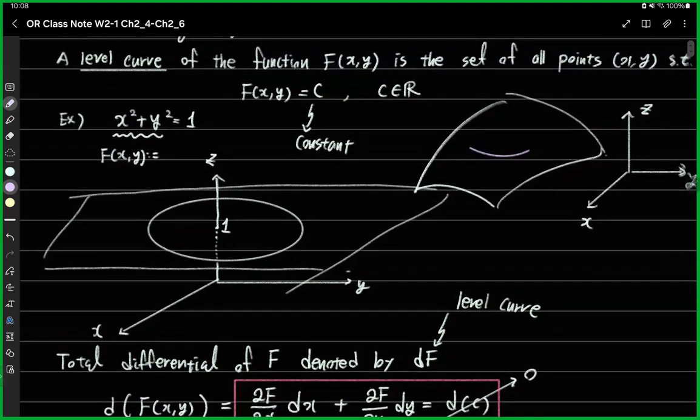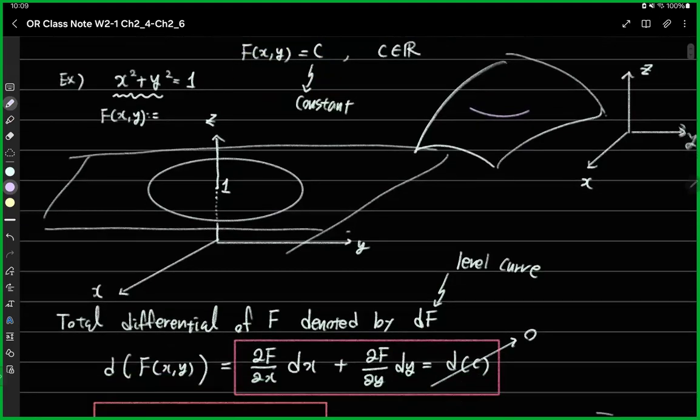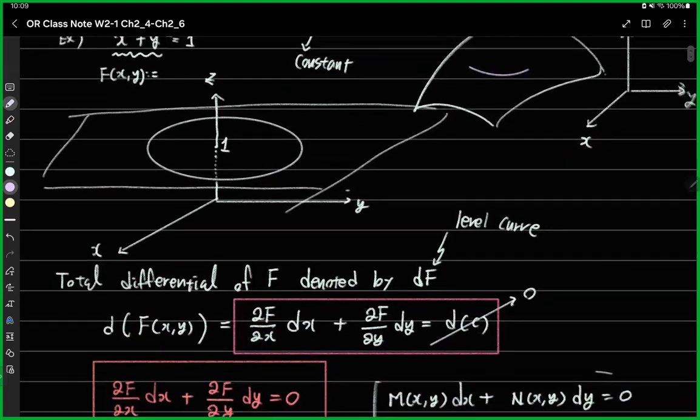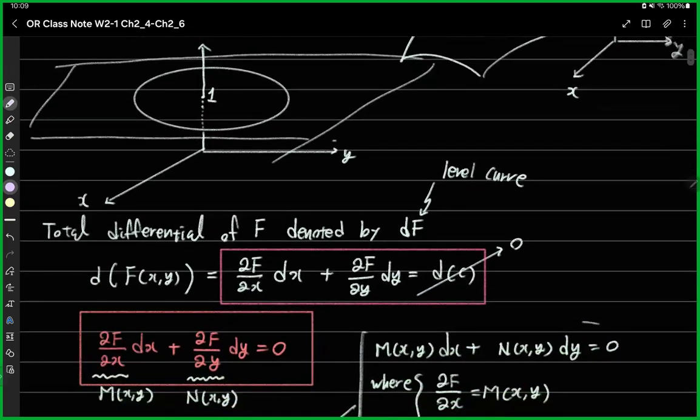Here I'm going to take a derivative of the equation of this level curve. That's called the total differential or total differentiation. So the total differentiation of f, denoted by df. f is the level curve, by the way.